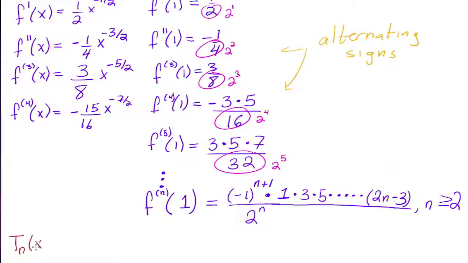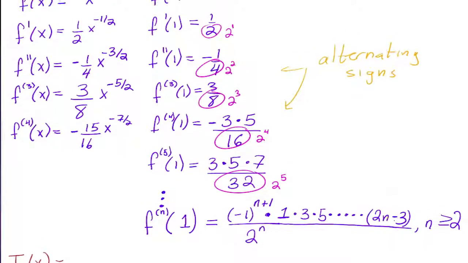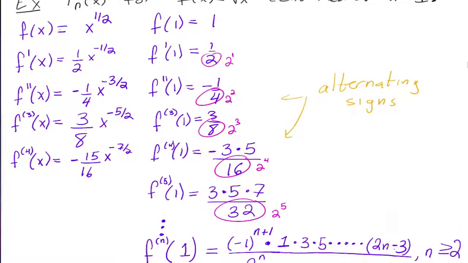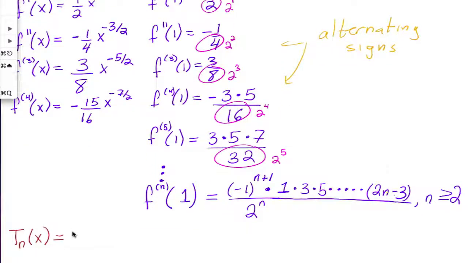Tn of x is equal to, so everything else is going to be the same. So f of a, which is 1, right? Okay, 1 plus, what's my next coefficient? 1/2.